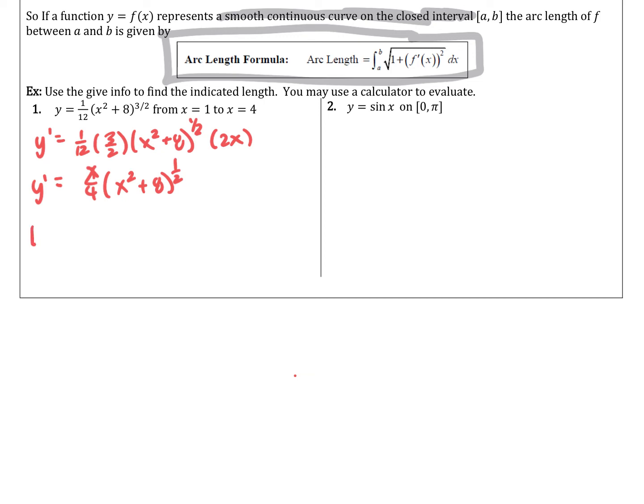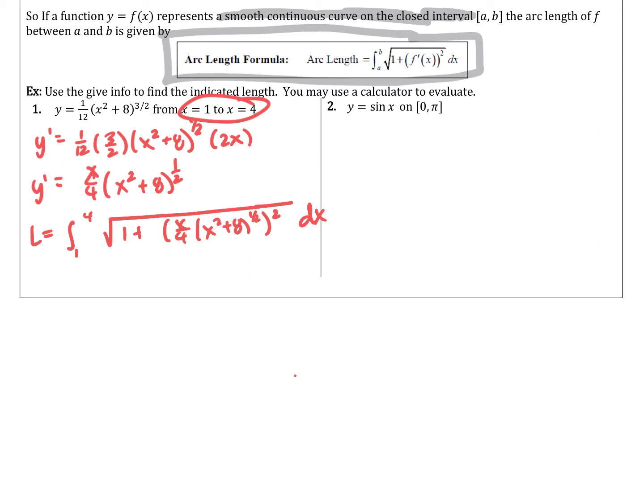Now I can substitute that into the formula. The bounds are the length that we're finding, so from 1 to 4 of the square root of 1 plus (x over 4 times (x squared plus 8) to the 1/2 power), that whole derivative squared, with respect to x.